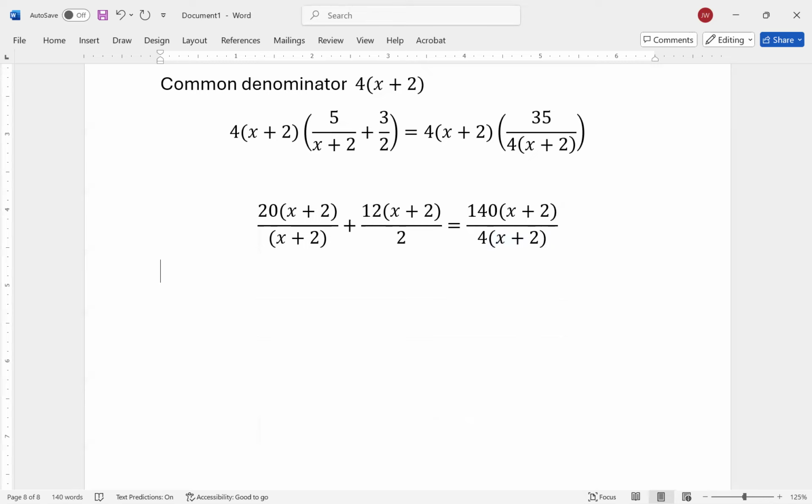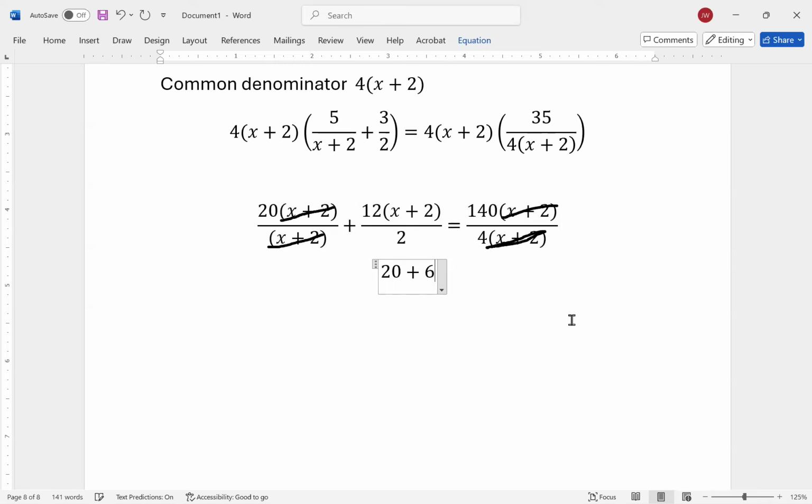Once I do that, then where I have an x plus 2 in the numerator and denominator, those will cancel. So this x plus 2 will cancel with this and just give me a 1. This x plus 2 will cancel with this one and give me a 1. And I'll just have this x plus 2 left. So I'll have 20 plus 12 over 2 is 6.